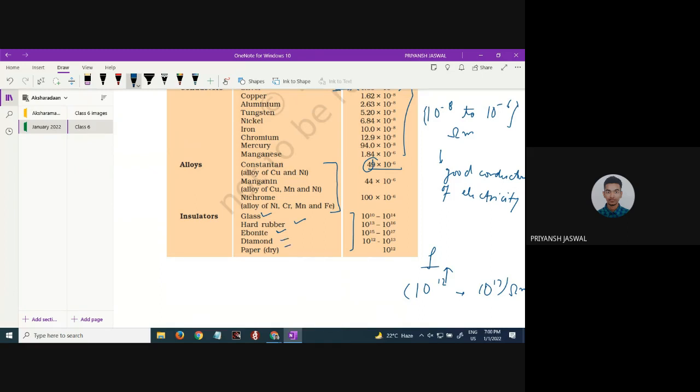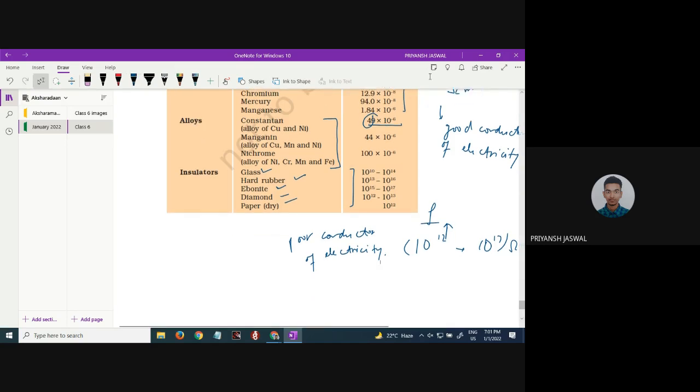And diamond paper, the note paper of your notebooks, these all have very high resistivity and are poor conductor of electricity. Poor conductor of electricity, what does that mean is that it offers high resistance to the flow of charges through it. So this is how we classify different materials depending upon their resistivity.